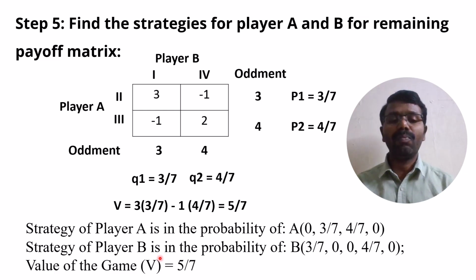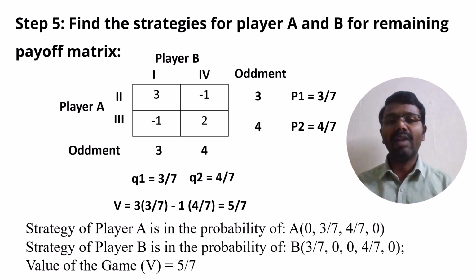And the strategy of player B in the probability of B: the first strategy is 3 by 7, and the second strategy, the third strategy is deleted from the column, so that becomes 0, and the fourth strategy is 4 by 7, and the fifth column is also deleted, that is 0. So these will be the strategies of player B in the probability of this range, and the value of the game will be 5 by 7.